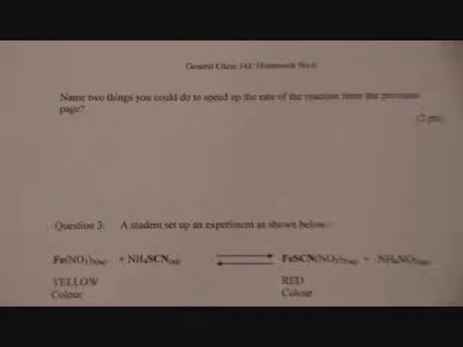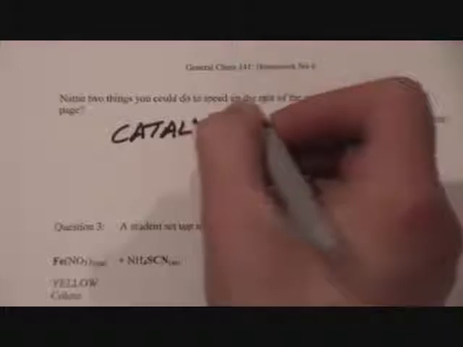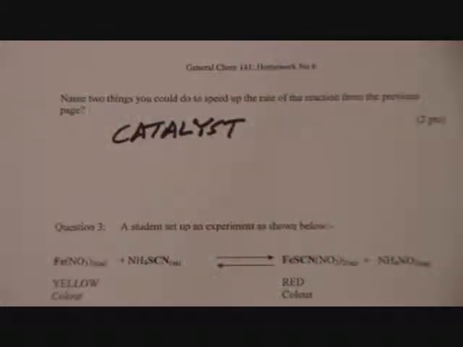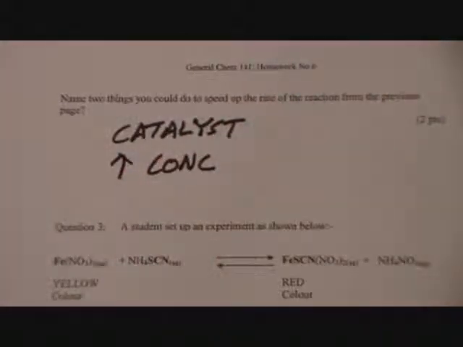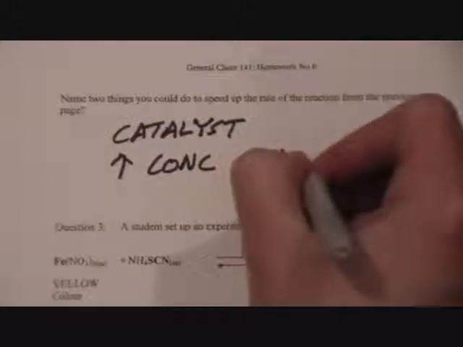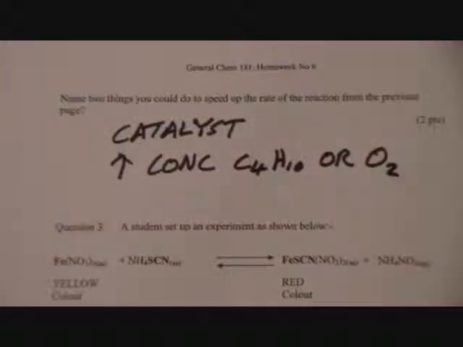Two ways to speed up the reaction. On the second page, we could add a catalyst, or we could increase the concentration of those initial reactants, either the butane or the oxygen.